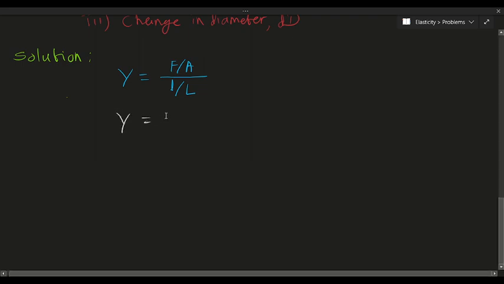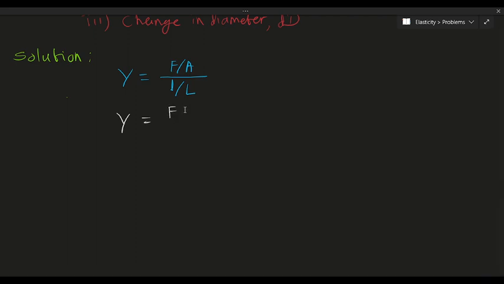So we write Y equal to, before we make these substitutions, we write this equation in this way, and then we replace force by mass into acceleration due to gravity divided by area expressed in terms of diameter, which is pi d square by 4.